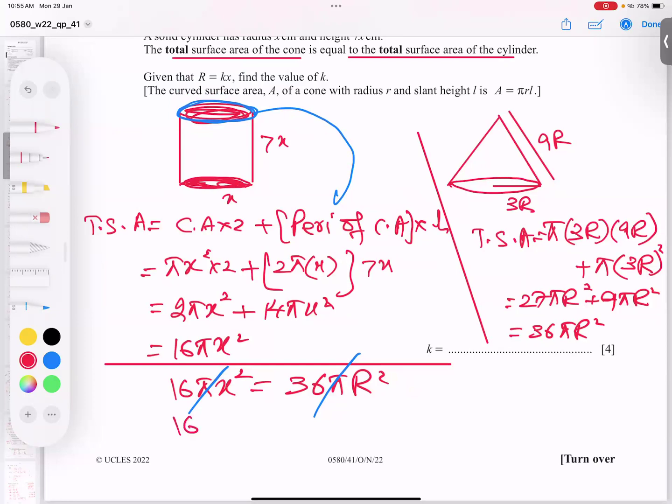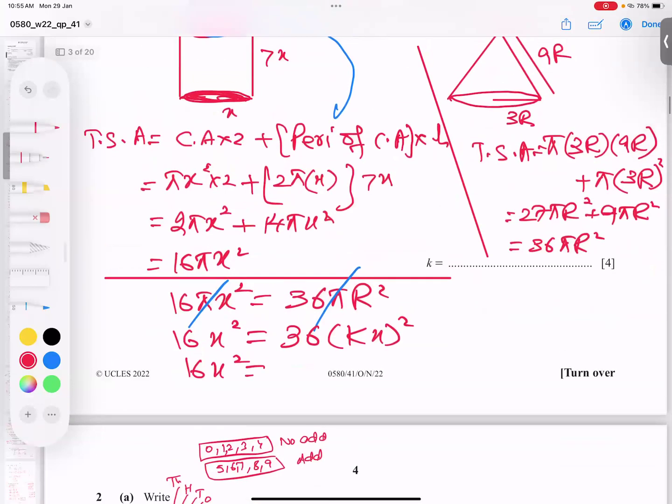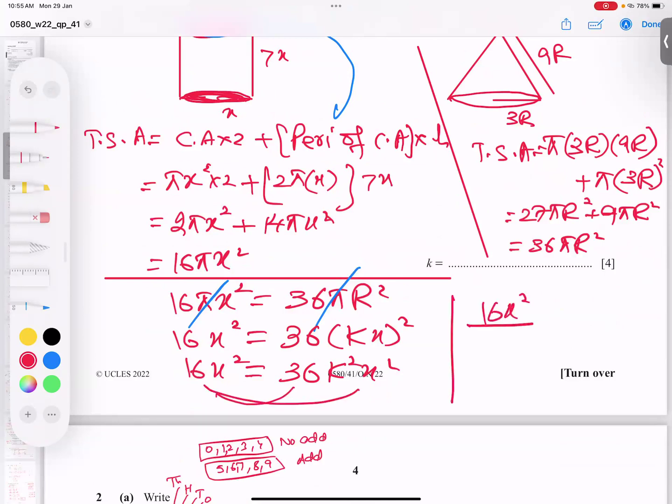I am writing here kx. For your knowledge, 16x to power 2 and 36 and k to power 2, x to power 2. This x to power 2 will cancel with that. How come? These both numbers will go and divide down. So 16x to power 2 over 36x to power 2 equals k, and this cancels out. Let me divide 16 by 36. It comes 4 by 9, which is our answer for k.